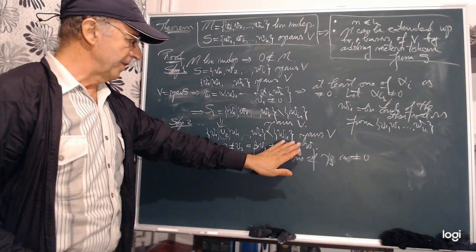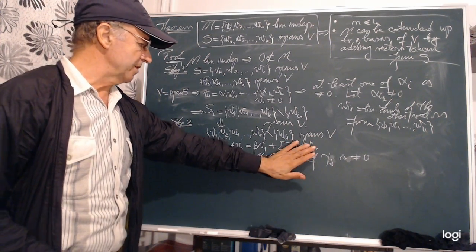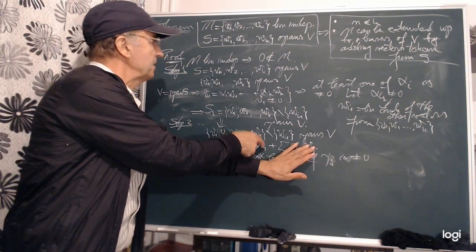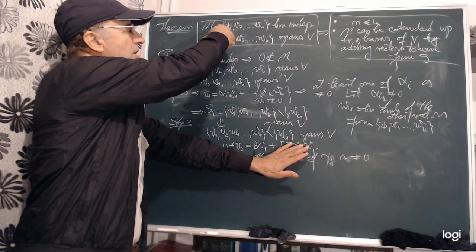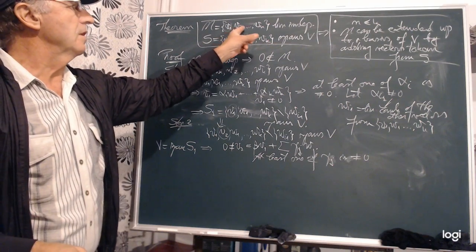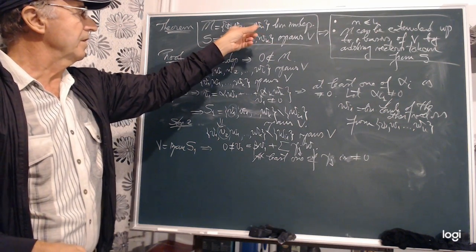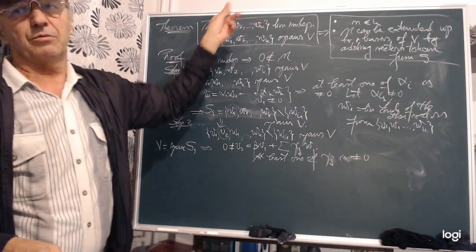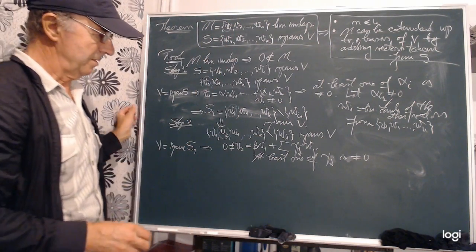If all the gamma j are zero, then V2 is a linear combination of V1. But this is not possible. No vector of this system is a linear combination of the other vectors.